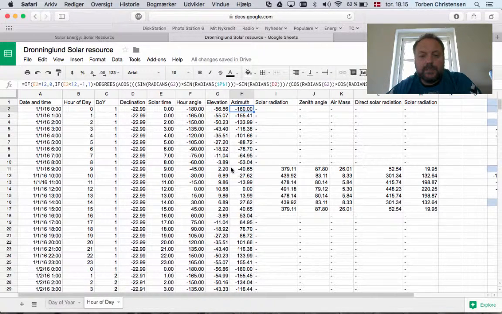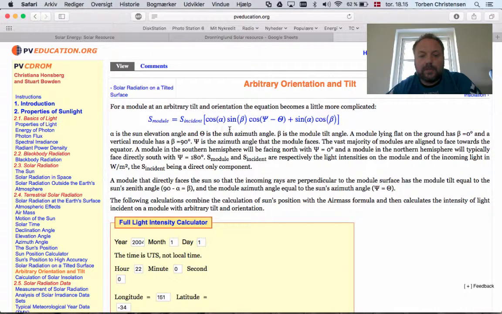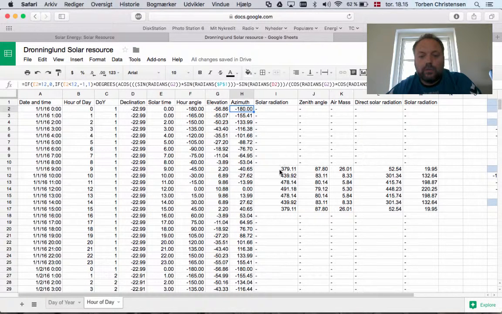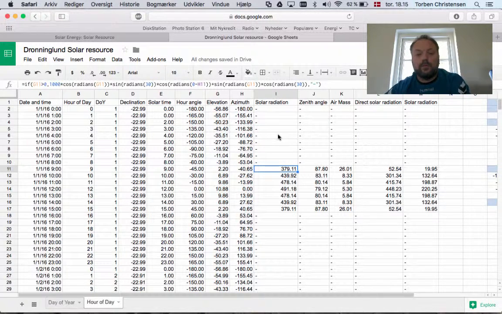Now I've basically got all of the inputs that I would need for this calculation, where I needed both the elevation and azimuth of the sun, and then I need elevation and azimuth of the solar panels at Dronninglund. When I got these, I made a formula where I set in these parameters.